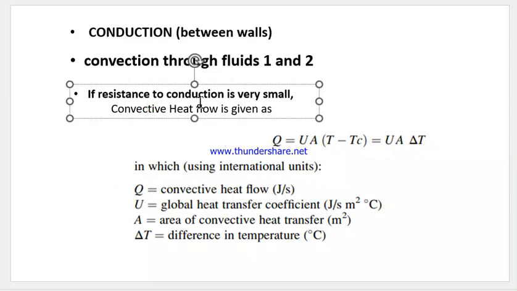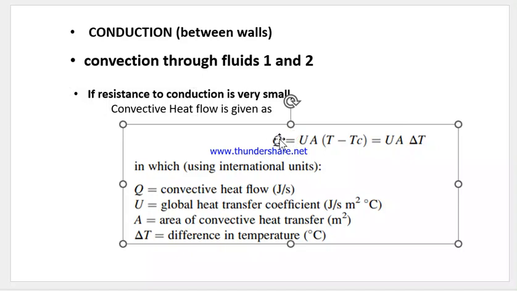If the resistance to conduction in the wall is very small, that is, the wall is of high thermal capacity and can easily transmit heat, then we can assume that there's no resistance in it. Therefore, the only resistance is found in the convective heat flow through the fluid. Therefore, we can say the convective heat flow is equal to UA(T minus Tc), or UA delta T.